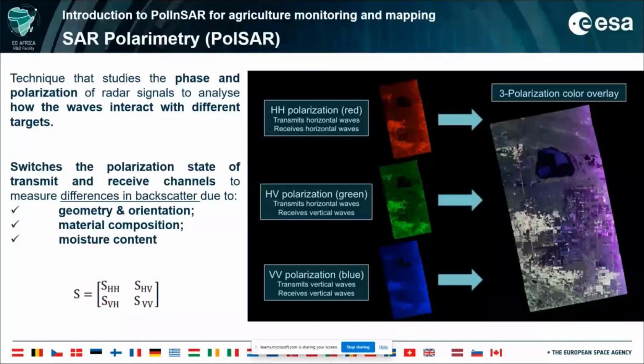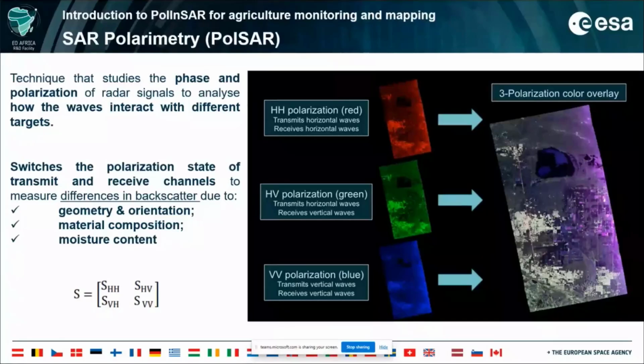And fully polarimetric data is only provided in the single look complex products, as I mentioned before. And the PolSAR technique can be used to classify various scattering mechanisms in complex systems, and it's then able to decompose them to identify the basic objects that the scattering occurs from.